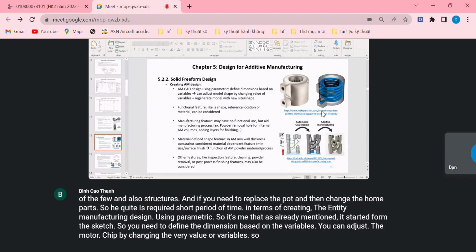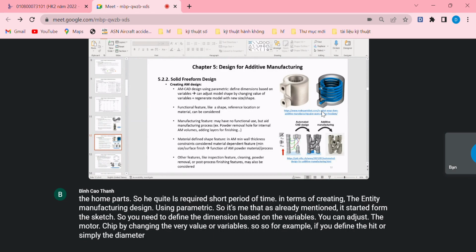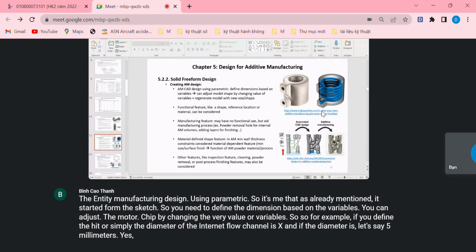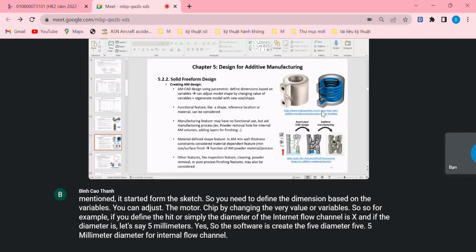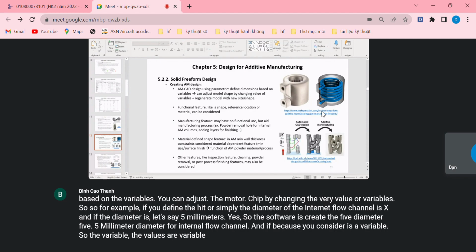For example, if you define the diameter of the internal flow channel as X, and if the diameter is, let's say, 5 millimeters, the software creates the 5 millimeter diameter for the internal flow channel. Because you consider it a variable, the value of the variable can be changed, and it is 6.